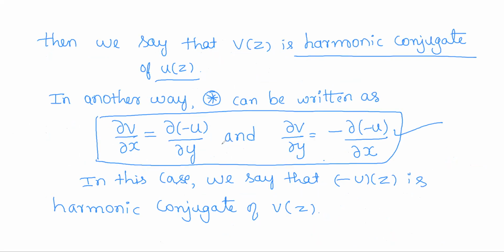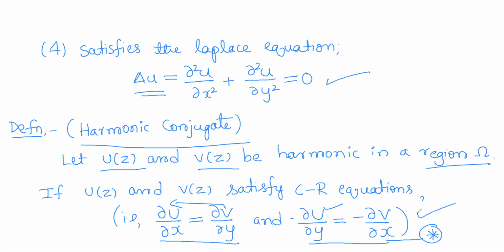So if I write the above CR equations in this way, here you can observe the equations start from v. So in this case, we'll say minus u is harmonic conjugate of v. So there are two ways to express the harmonic conjugate. If u and v satisfy CR equations, that is ∂u/∂x equals ∂v/∂y and ∂u/∂y equals minus ∂v/∂x, then we'll say v is the harmonic conjugate of u.